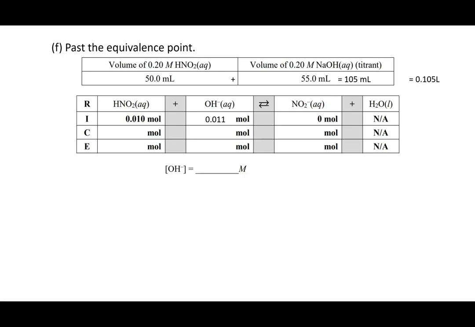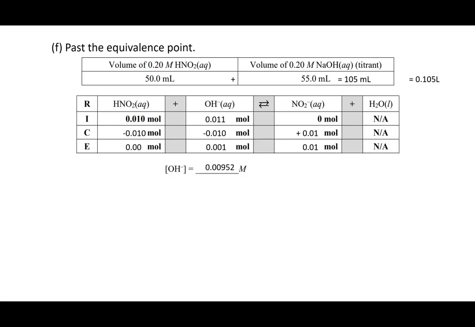Now I have 0.011 moles of OH minus and 0 moles of NO2 minus. But now when I do my reaction, all of my acid has been consumed because it's the limiting reagent rather than the base. And that leaves me with 0.001 moles of OH minus and 0.01 moles of NO2 minus.